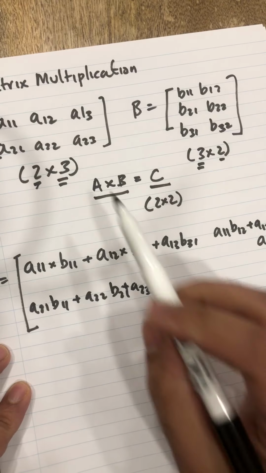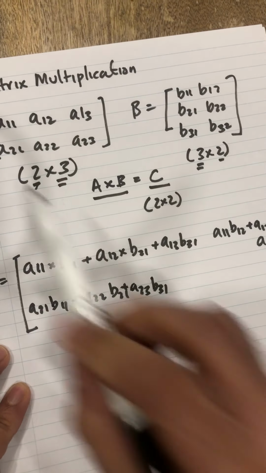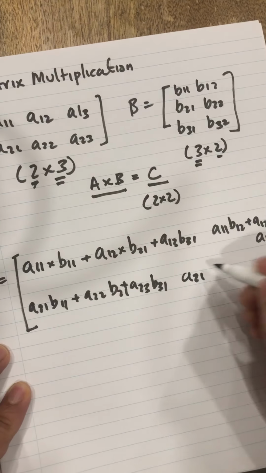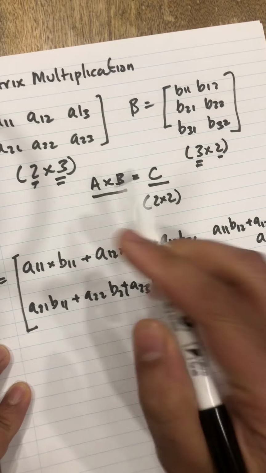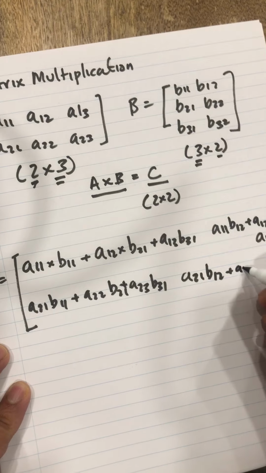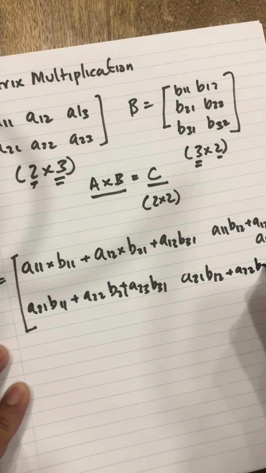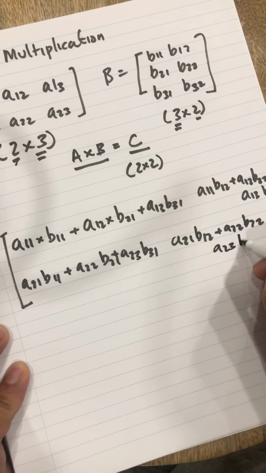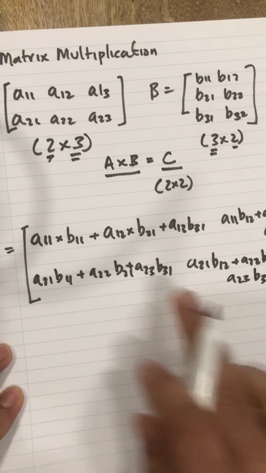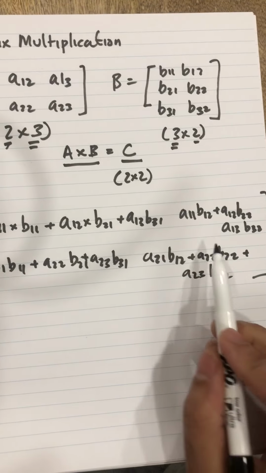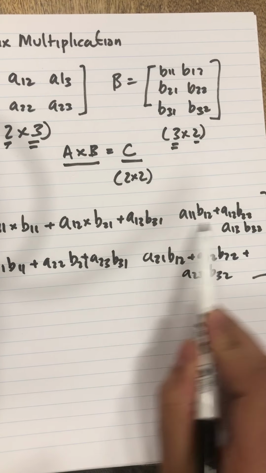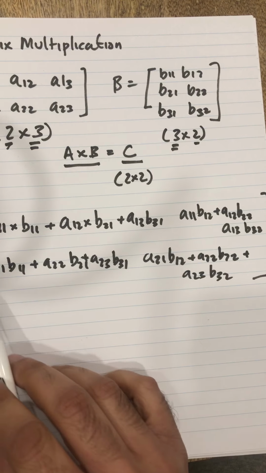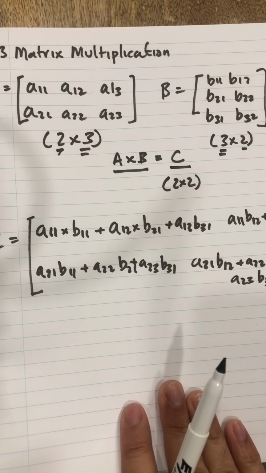And then the last entry would be A21 into B12 plus A22 into B22 plus A23 into B32. Okay, so once you do all these calculations, this is going to lead you to matrix C.